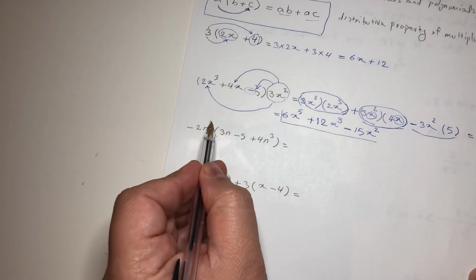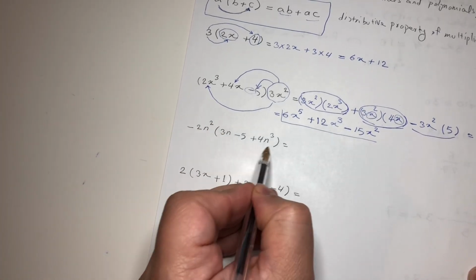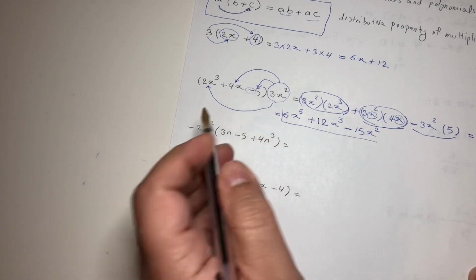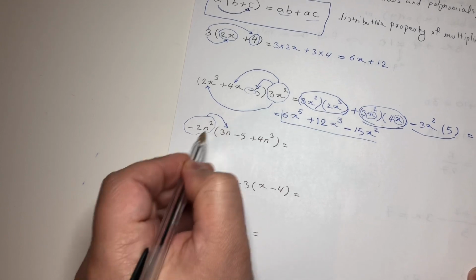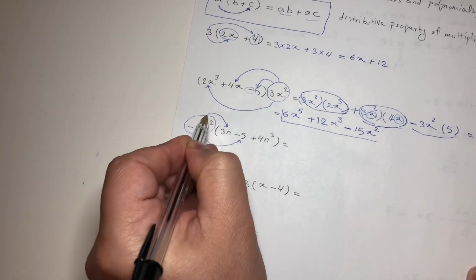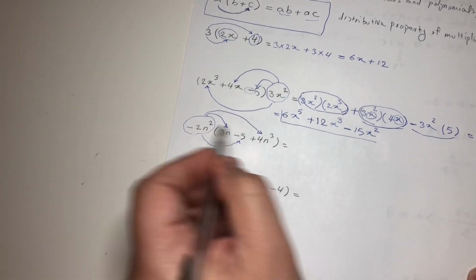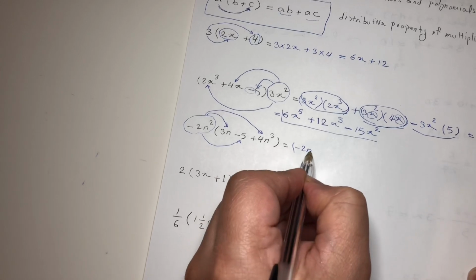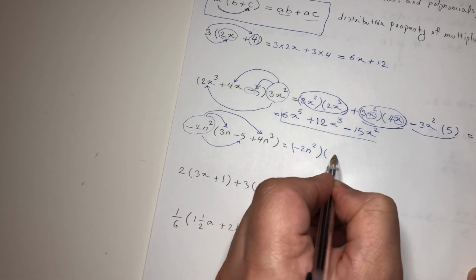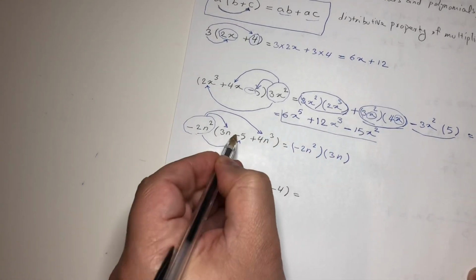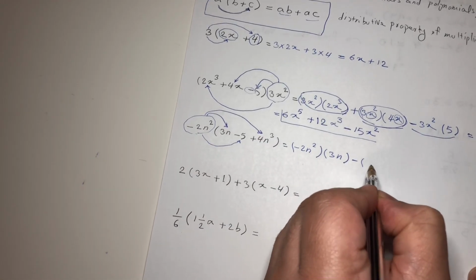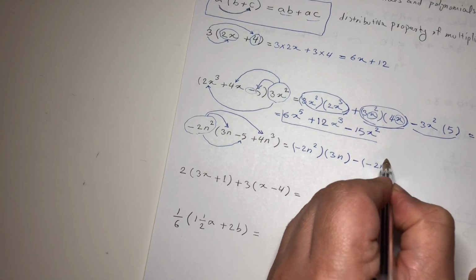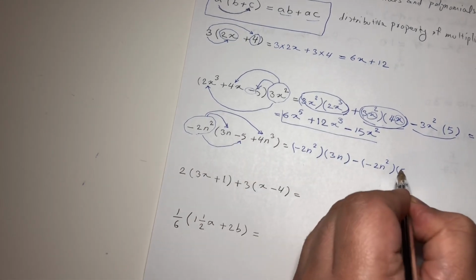Minus 2n to the power of 2 multiplied by this expression inside these brackets, right? So again, according to the rule, we have to do the distribution, right? So it would be minus 2n2 multiplied by 3n. We have a minus sign here. Again, minus 2n2 multiplied by 5.